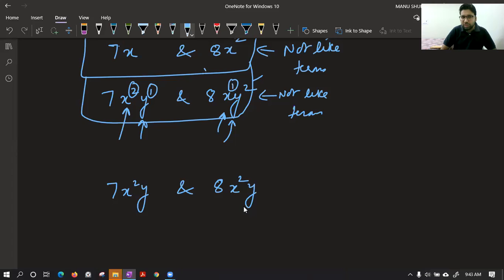You just need to look at the variables, nothing for the constants. Constants never decide whether terms are like or unlike. Only the variable and its power decide. That's it. Okay, I think we are ready for the questions now.